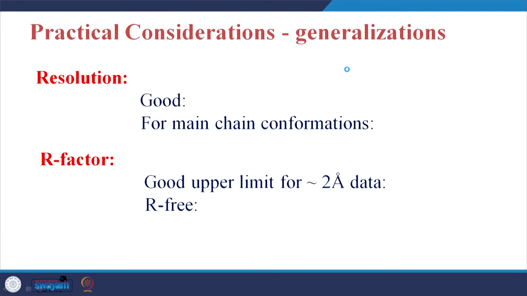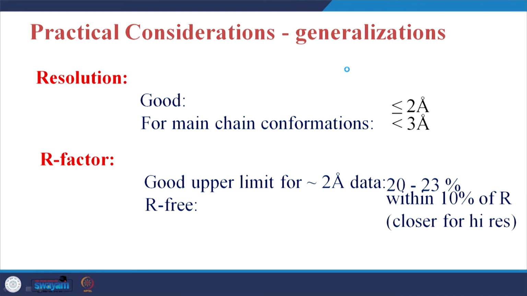Now, practical considerations for resolution: less than or equal to 2 angstrom, and for main chain conformation less than 3 angstrom. For R factor, a good upper limit for 2 angstrom data is 20 to 23%, and R free would be within 10% of the R work, and closer for high resolution data.